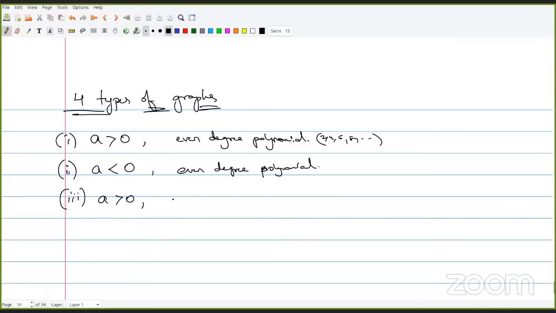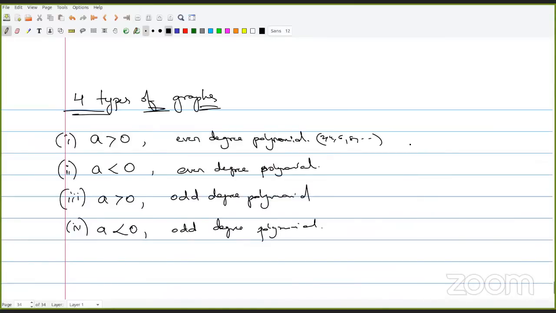If a is greater than 0 with odd degree polynomial, and finally leading coefficient less than 0 with odd degree polynomial. So now you see these are the 4 types of graphs we have. End behavior will be of 4 types.